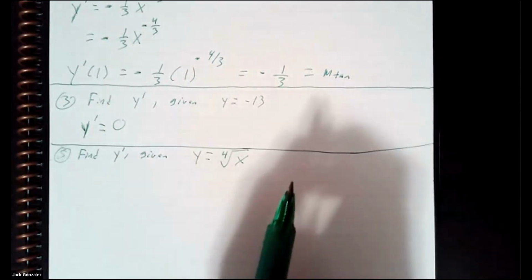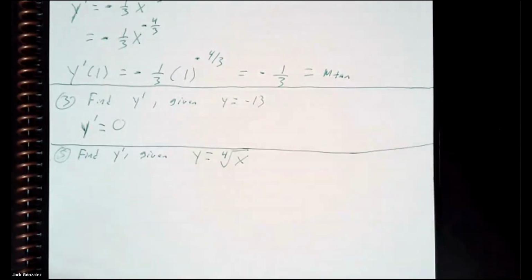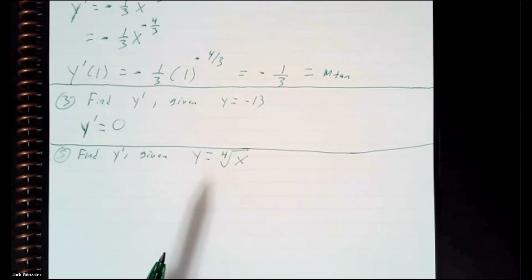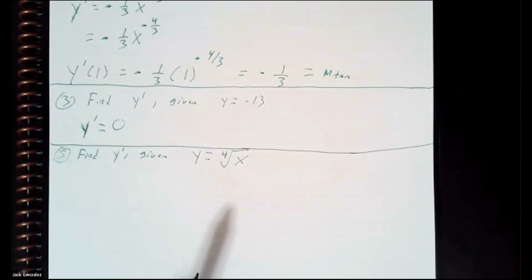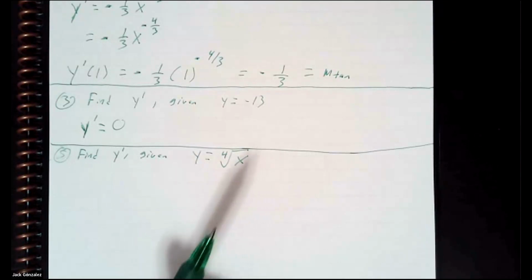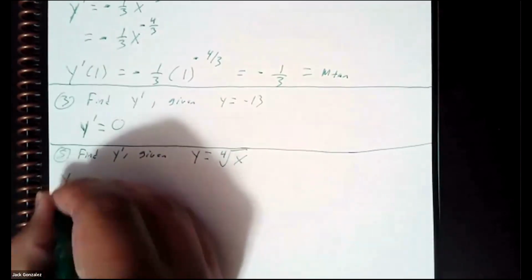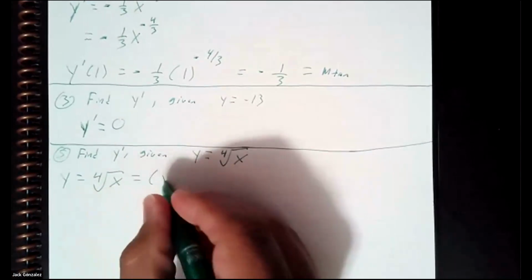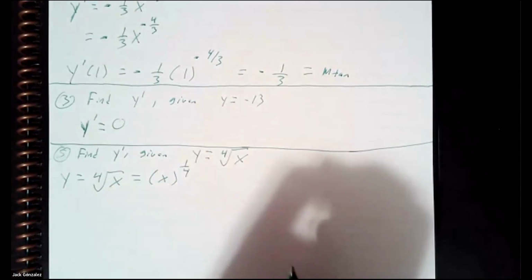How would you deal with the 4th root of x? How would you take a derivative? The power rule is the easiest way, but you have to set it up first. Or you could do a limit process. But if you remember your algebra, you agree that this is the same as this, right?